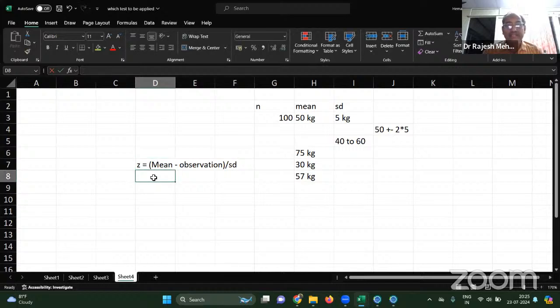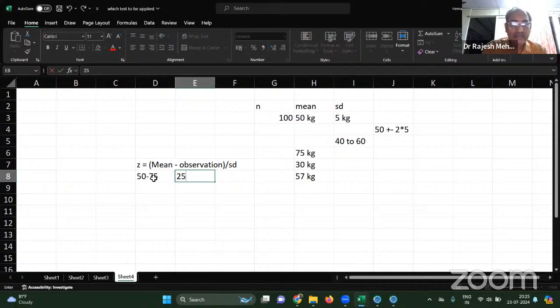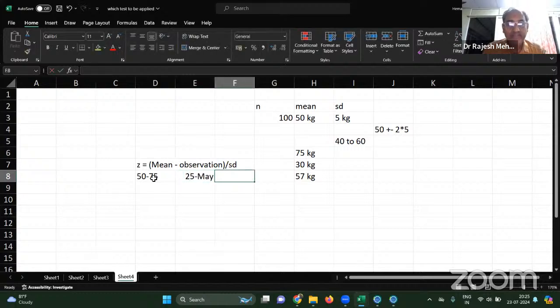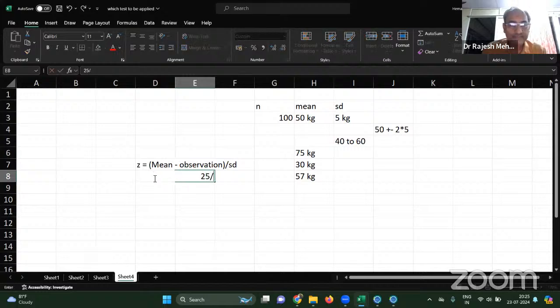So in this case, you can see 50 minus 75, you will be taking the absolute value. So 25 divided by 5 is equal to 5.